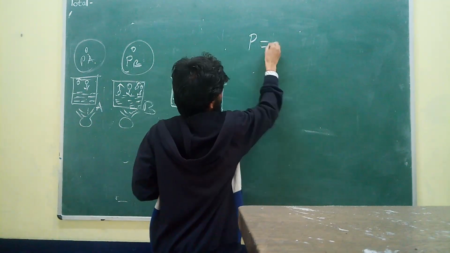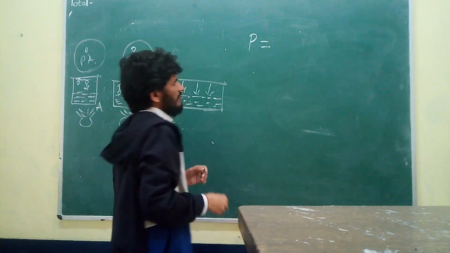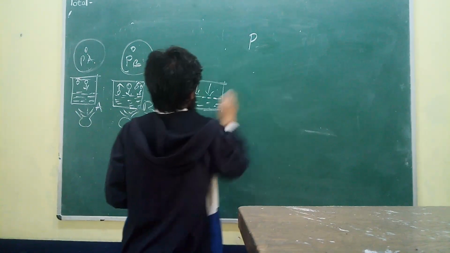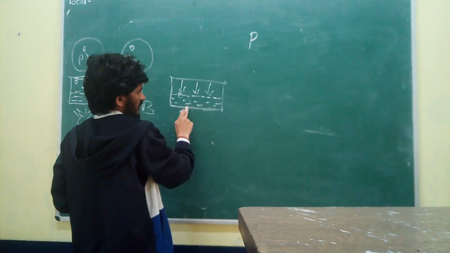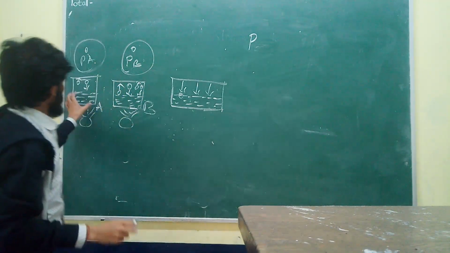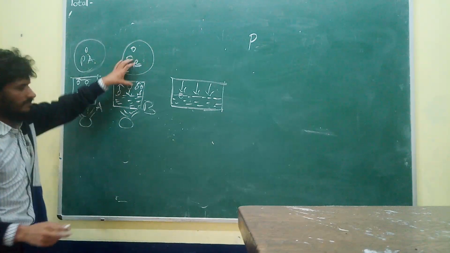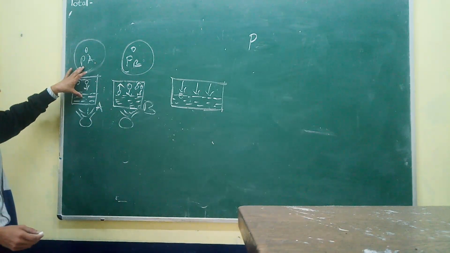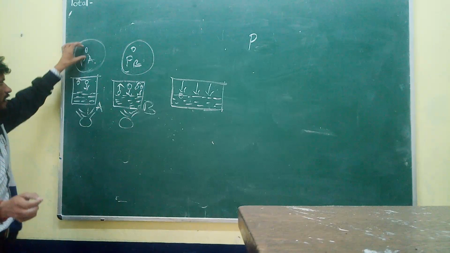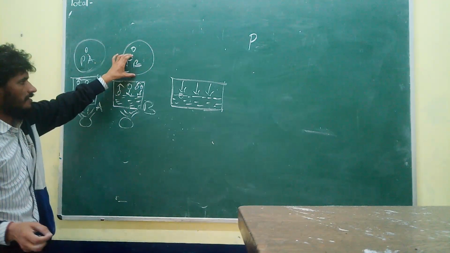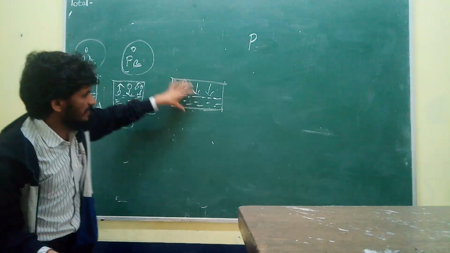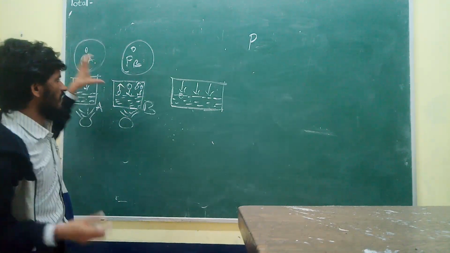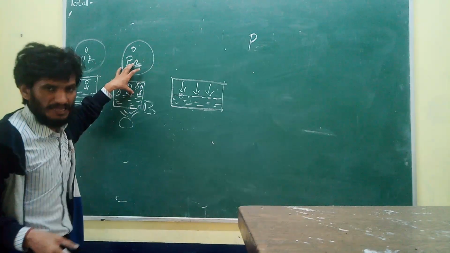So this P is equal to, okay, what is this? In solution, this may decrease. When these solvents are in pure form, they are P naught A and P naught B. After mixing these two, what is the vapor pressure of the A solvent, and what is the vapor pressure of the B solvent?